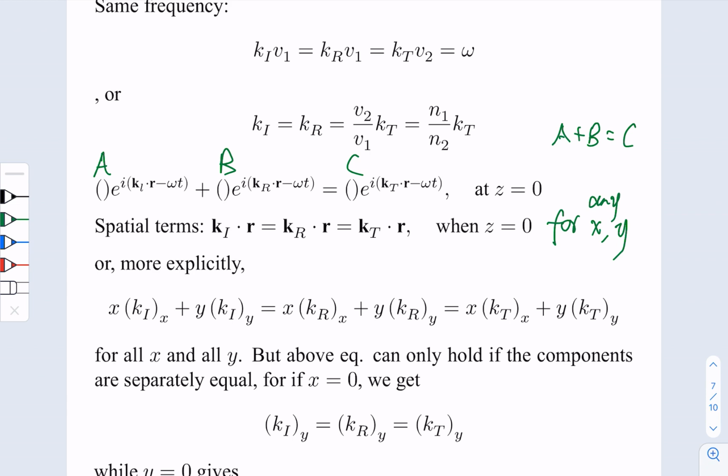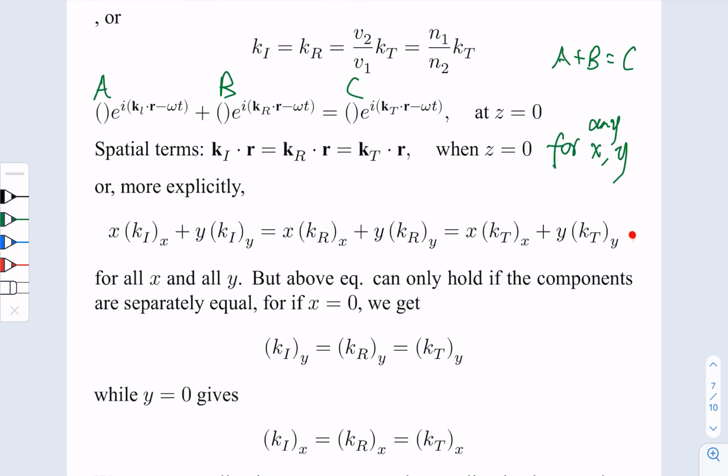Now if we write down the components explicitly, the r vector is simply x, y, z, and ki has the components of ki along x, along y, along z. But we are interested in the plane where z equals 0, so we only write down the components involving x and y, and this is the expression by explicitly writing down all the components.